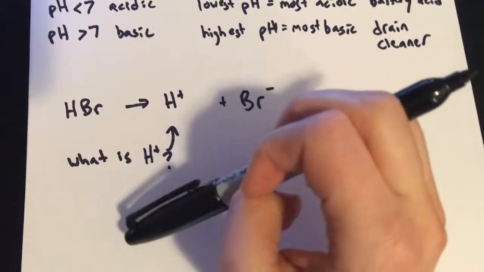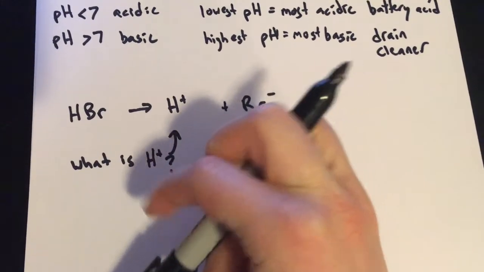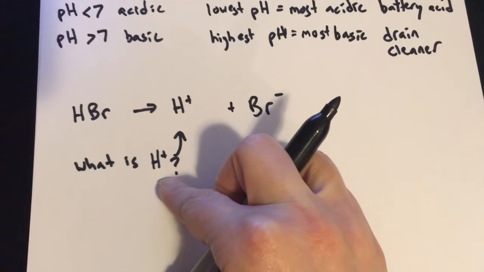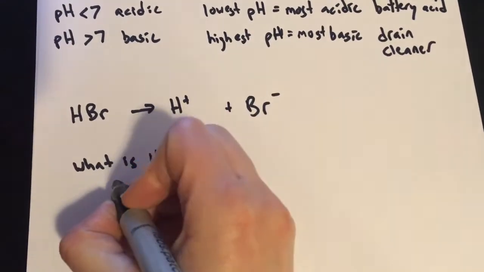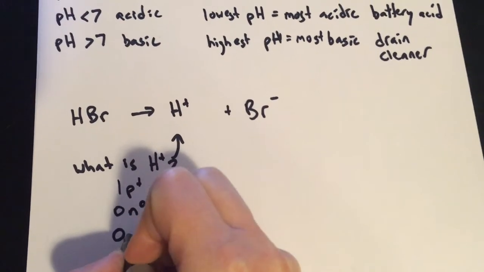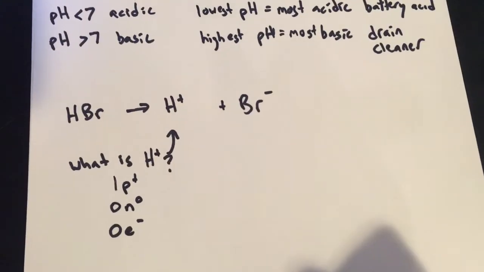So elemental hydrogen would have 1 proton, 0 neutrons, and 1 electron. H+ is positive, so that means it's lost an electron. It started out with 1 electron, and if it's lost it, it has 0 electrons. So H+ has 1 proton, 0 neutrons, and 0 electrons. In other words, it's literally just a proton.